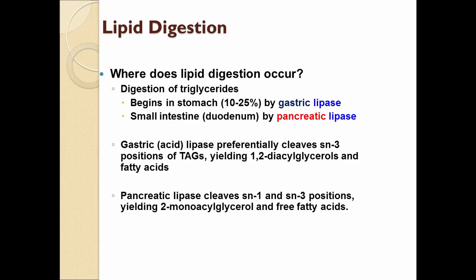And gastric lipase, these two enzymes, although they break down the triglyceride, mean that they remove fatty acid molecules away from the glycerol backbone.